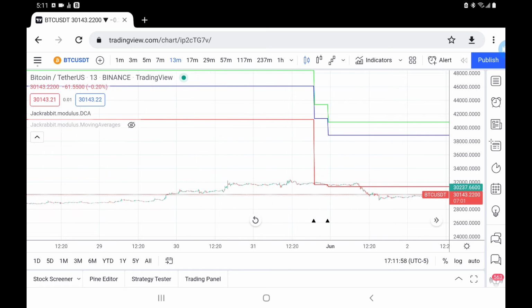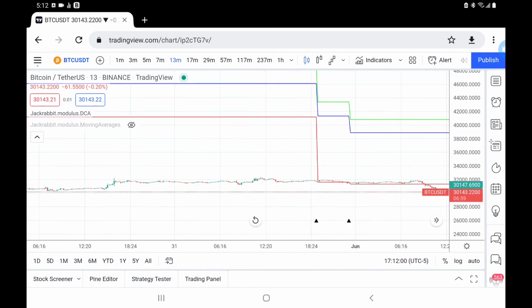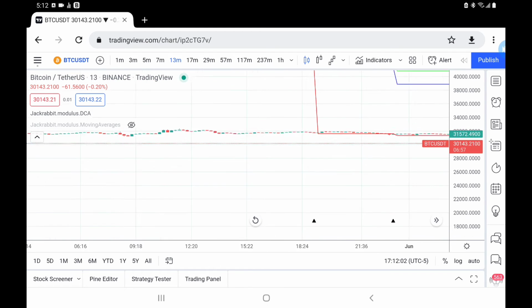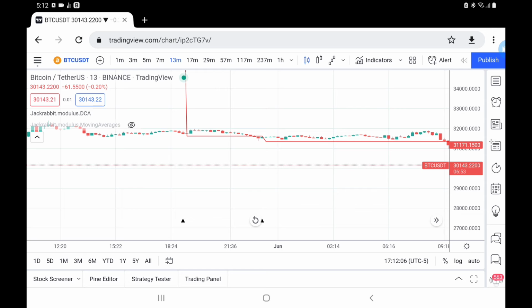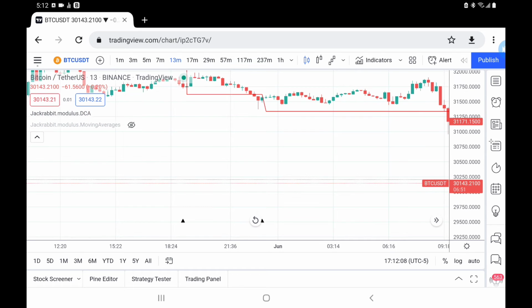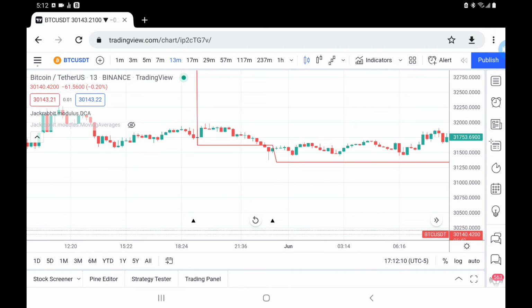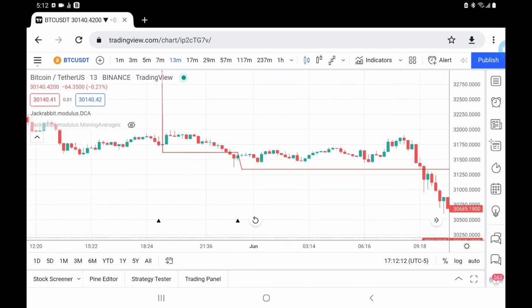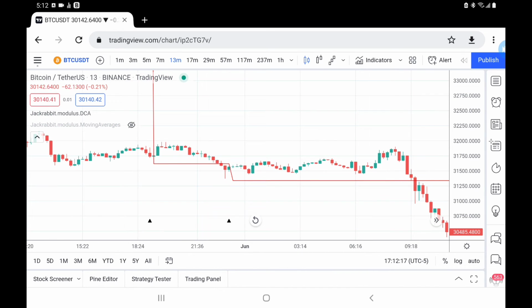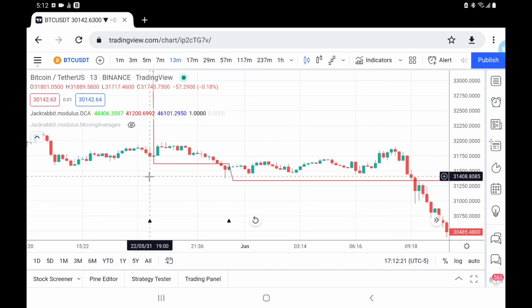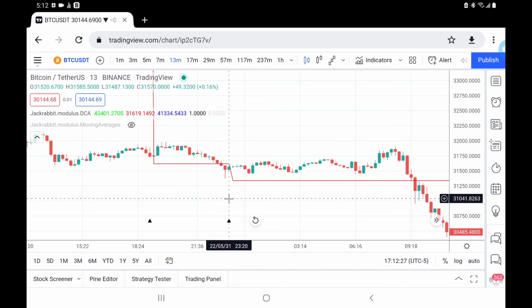So let's zoom in and look at these three. Okay. And as you can see, here is this particular candle and this particular candle.